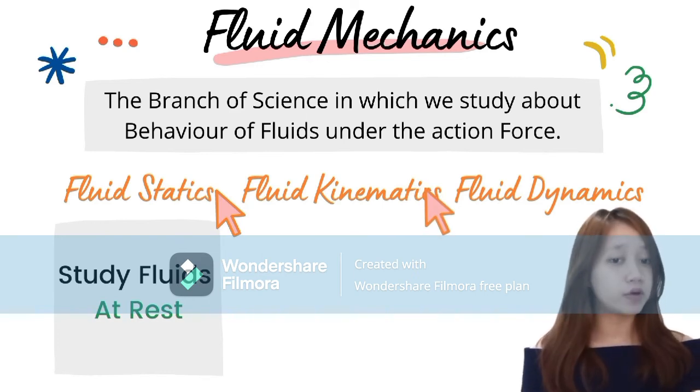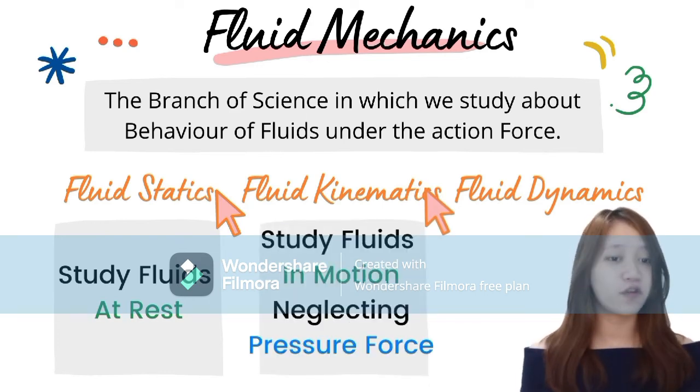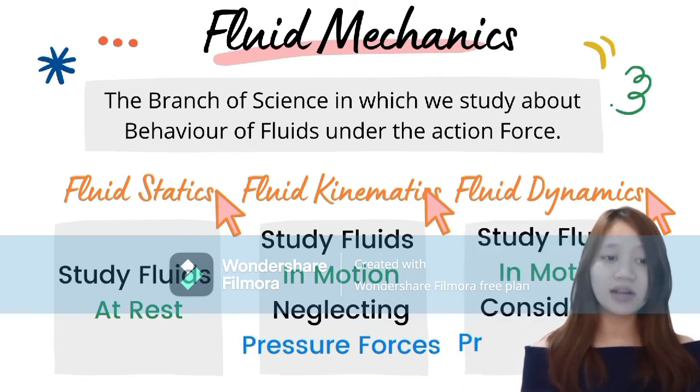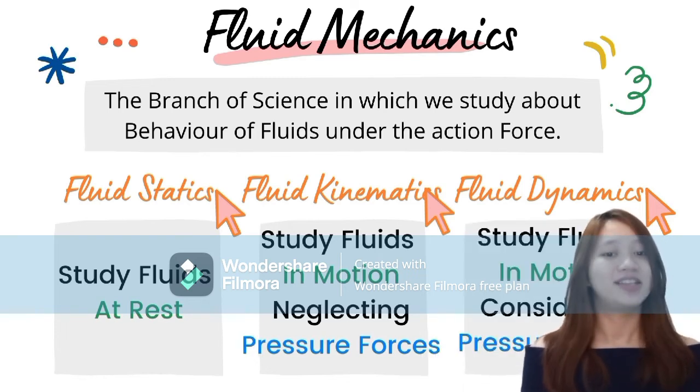The study of fluid in motion, neglecting pressure forces, is known as fluid kinematics. And we define fluid dynamics as the study of fluid in motion, considering pressure forces. Just remember that fluid mechanics is divided into three sub-branches: fluid statics, fluid kinematics, and fluid dynamics.